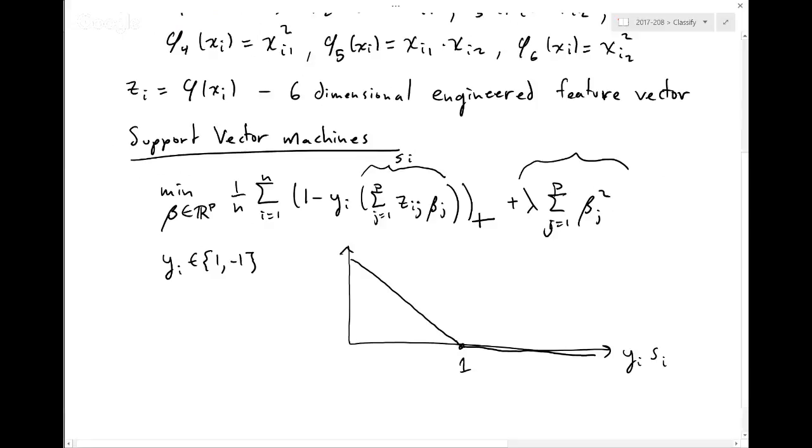So we have to have some way of selecting an appropriate beta, and so we add this ridge regularization term, lambda times the sum over the j's of beta_j squared. There are a lot of ways we can think about this, but for now we'll just say that this makes it so that we have a unique solution. It also makes the problem a little more numerically stable.